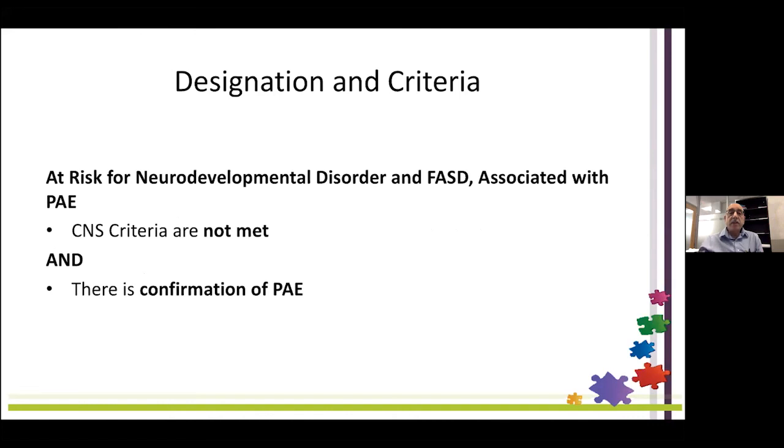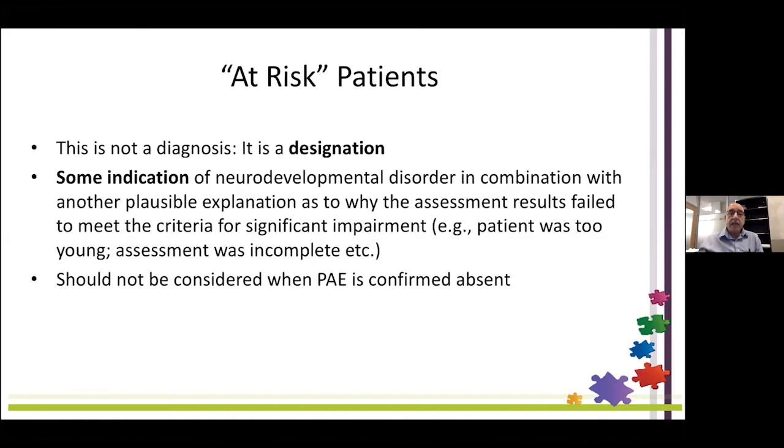I've already mentioned the designation of at risk for neurodevelopmental disorder and FASD. Here, we do not meet the criteria for the brain domains being impaired, and there is confirmation of PAE. And we do need to provide that explanation of why we couldn't reach that.